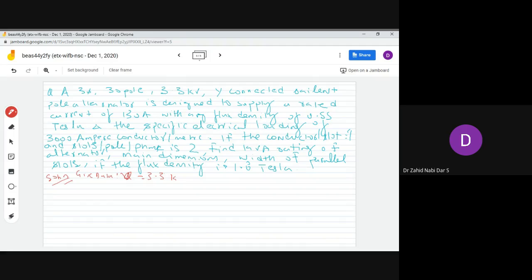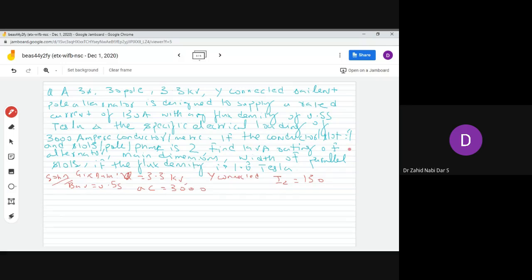Now it is Y connected, so you have to divide that voltage by root 3. The alternator is designed to supply a rated current of I equal to 130 amps with an average flux density B average equal to 0.55 Tesla, and the specific electrical loading, that is ampere conductors AC, is equal to 3000.